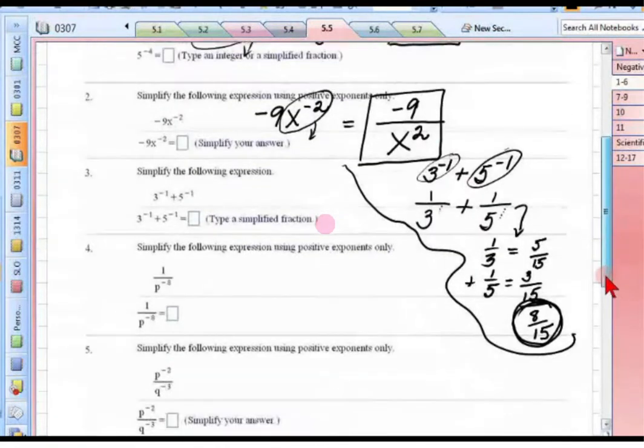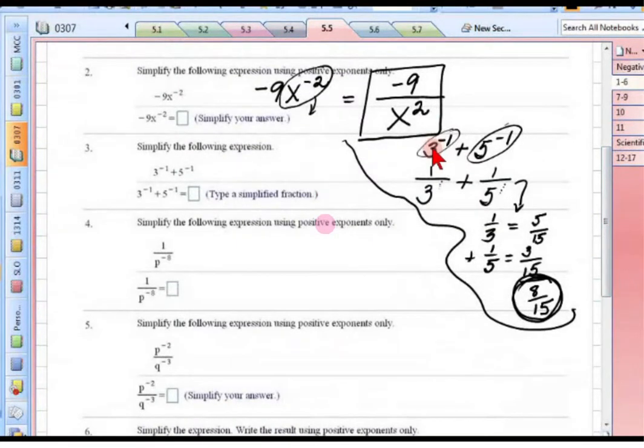All right, if I look at this problem, the 3 goes to the bottom of the fraction. The exponent of -1 became +1. It's right there. I just dotted it. The 5 went to the bottom of the fraction. The -1 became a +1. When you move it to the bottom and it appears as if there's nothing left on the top, there's really a 1.